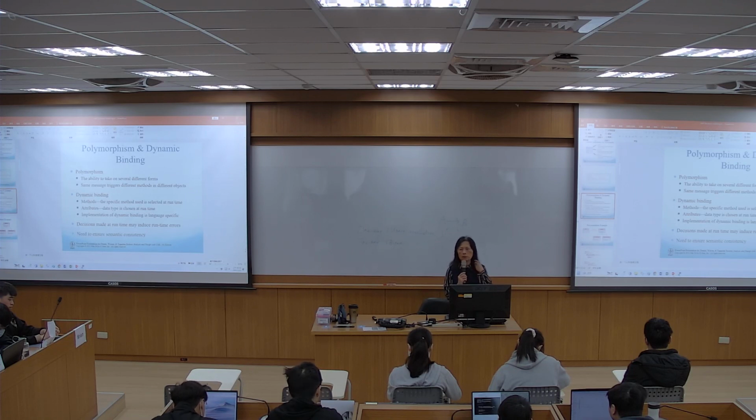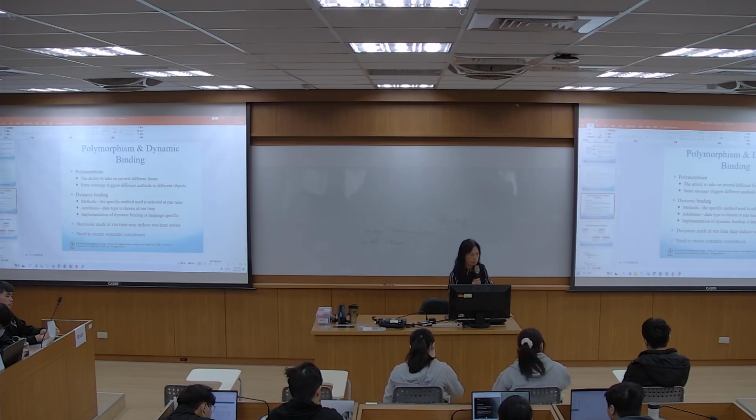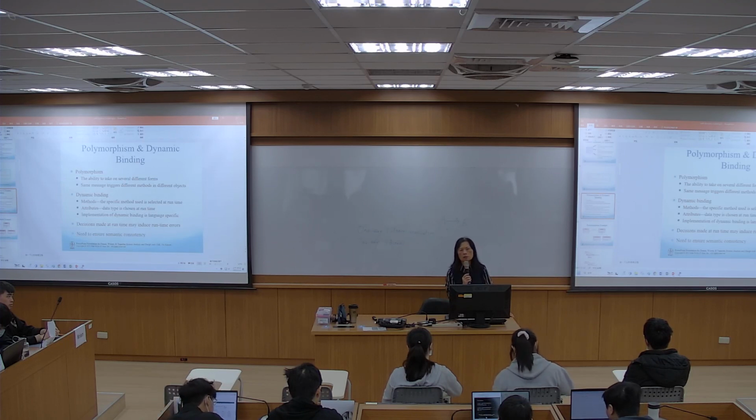Okay. So if I ask you, we have two types of polymorphism: one is override, the other is overload. If we want to compare the performance, the efficiency, which one is more efficient than the other?